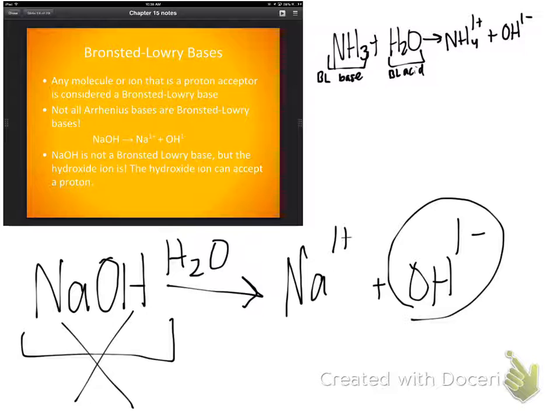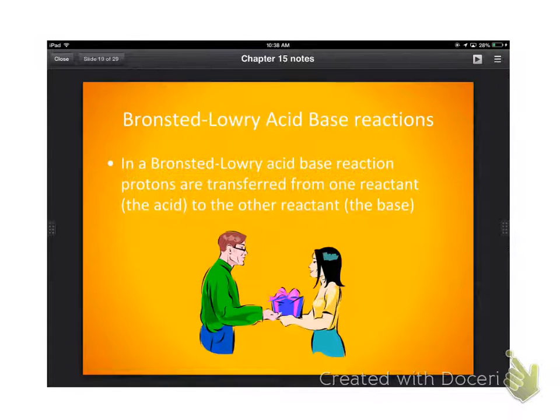So the big summation is that we can only identify Bronsted-Lowry acids and bases in the context of a relationship, in the context of a reaction. Whoever gives the proton is the acid. Proton donor equals acid. Whoever accepts the proton is the base. Proton acceptor is a base.